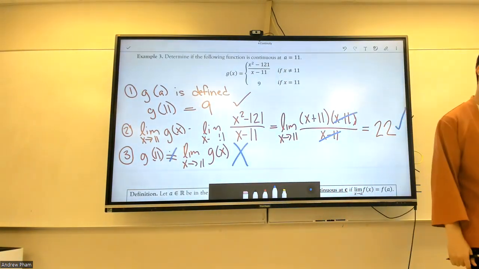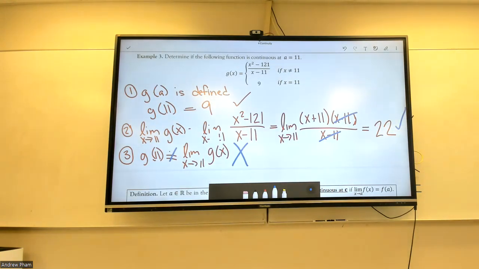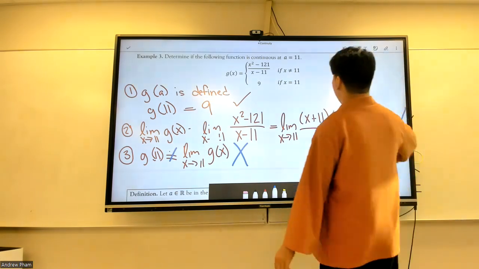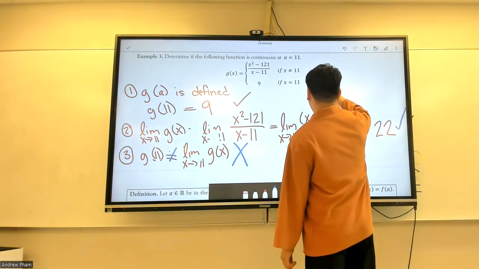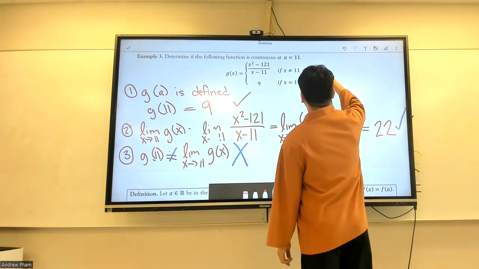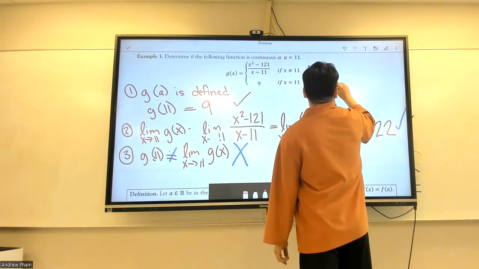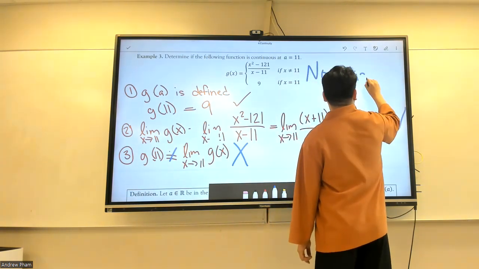That means I failed one of the conditions for continuity. If I fail one condition, then I fail the entire thing. Yes, so that means my function g is not continuous at a equal to 11. So we can say no, or you can say discontinuous.